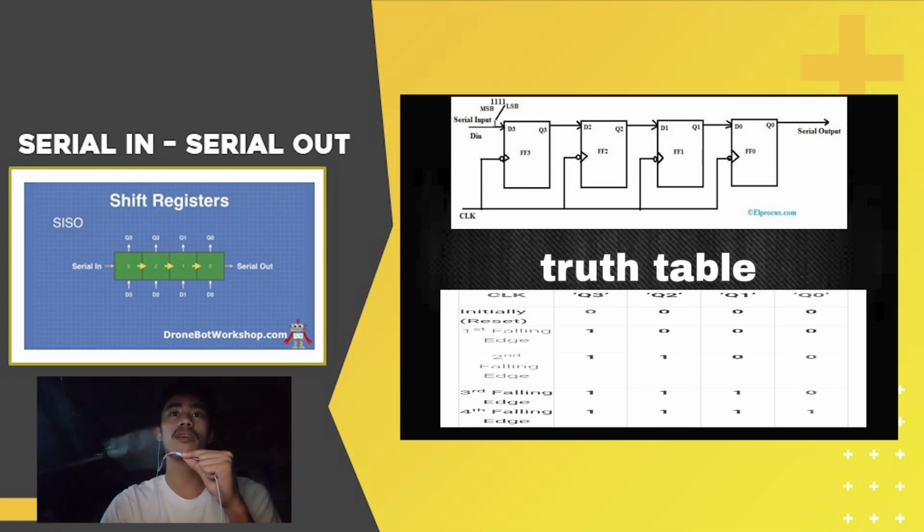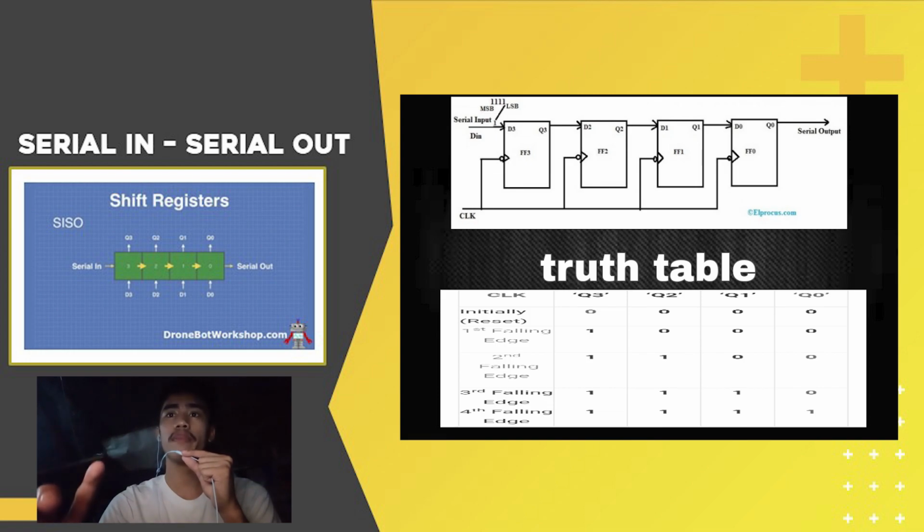So sa ating 4-bit shift register, example like may apat tayong 1 sa ating flip-flop. So the LSB bit is 1 and the MSB bit is 1. First, the high signal is the LSB bit. Ginagamit ito as an input to the D3 flip-flop. So yung ating D3 is equal to 1.